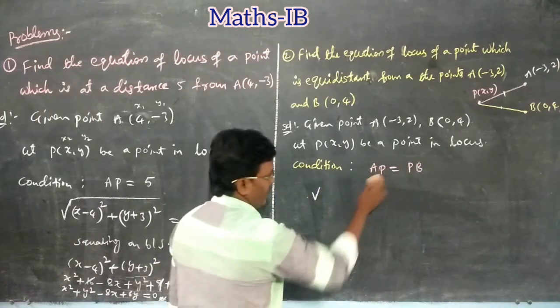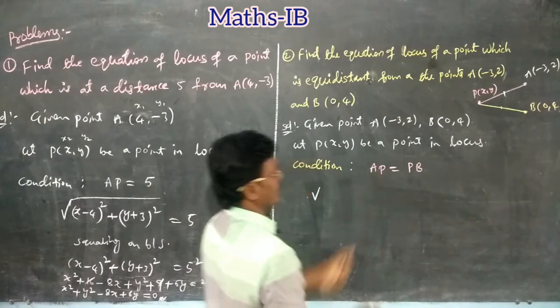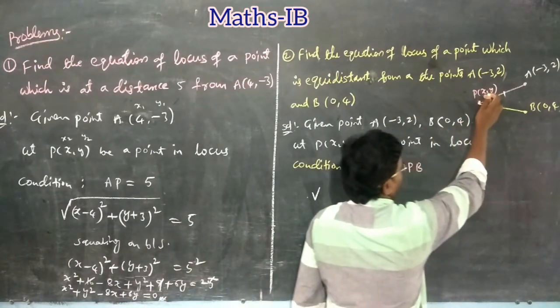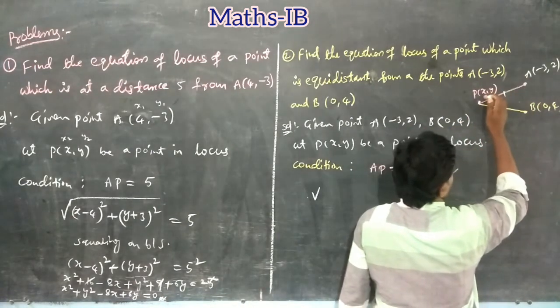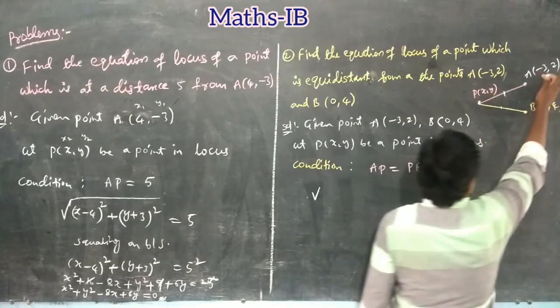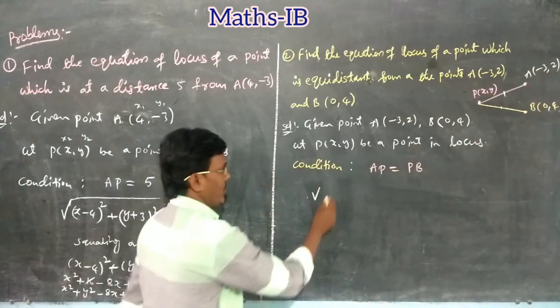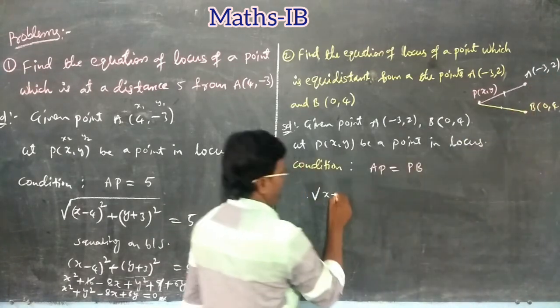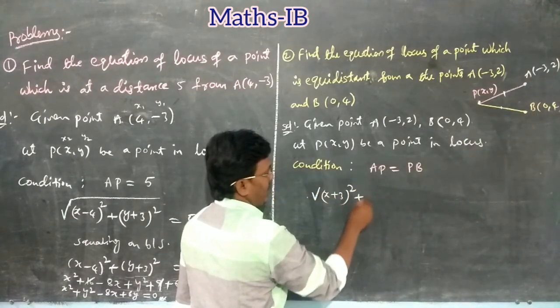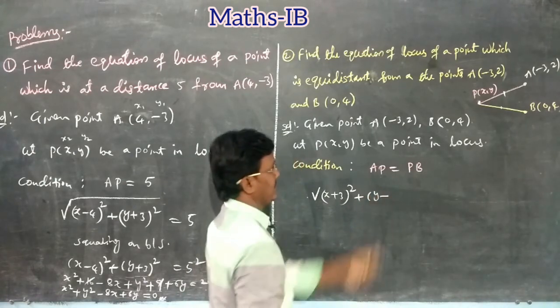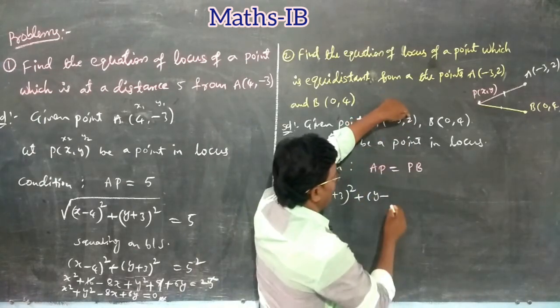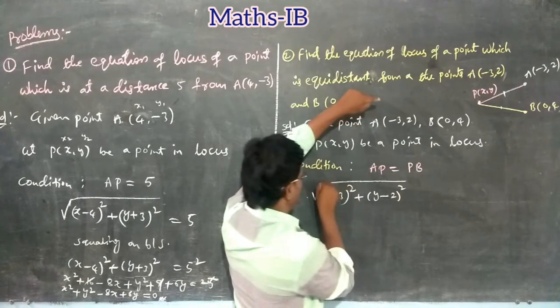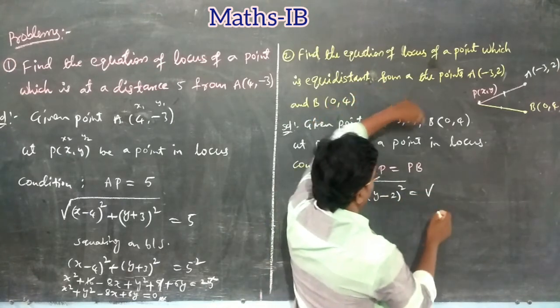So x2 minus x1. So this is the x. Okay. So x1 y1 and x2 y2. Apply the distance formula. So x minus minus 3, that is plus 3 whole square. Next, so y minus. What is the y value here? Minus 2 whole square is equal to next BP.